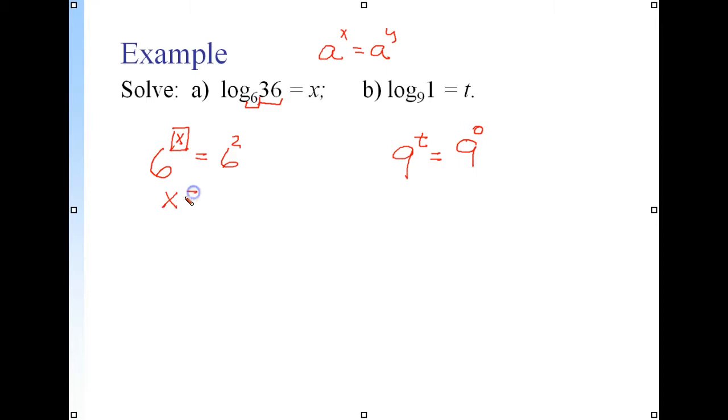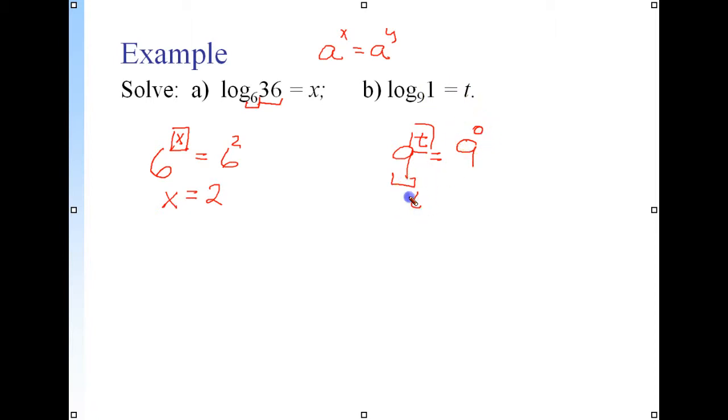So what does x equal? X equals 2. And then here we had our base 9. T was our exponent. I didn't put that in my little box. And then I had to convert 1 to some item that's a value of 9. But what is 1? And it would be a 0. 9 to the 0 is 1.